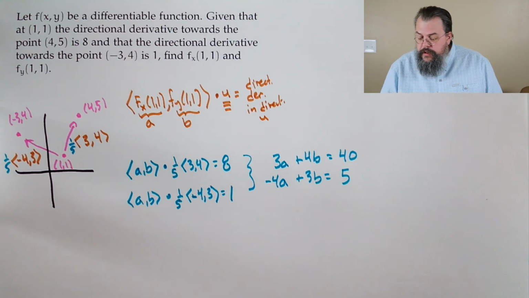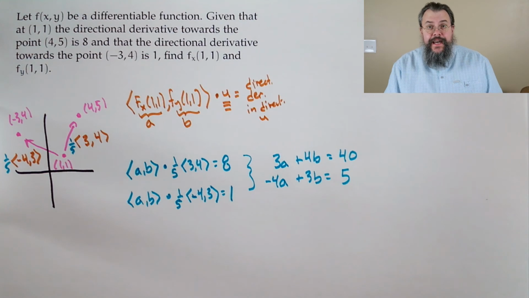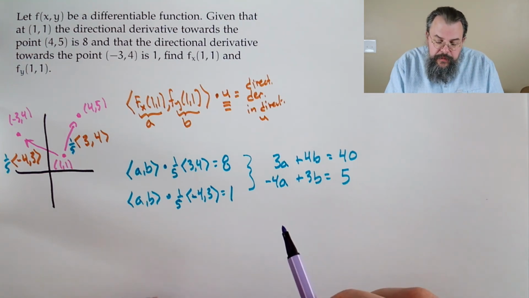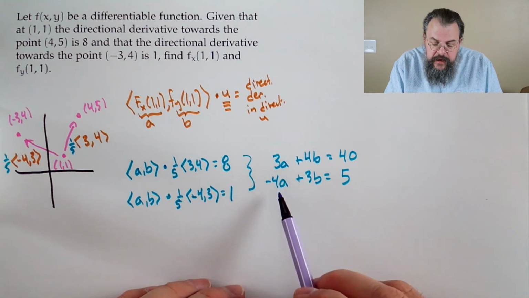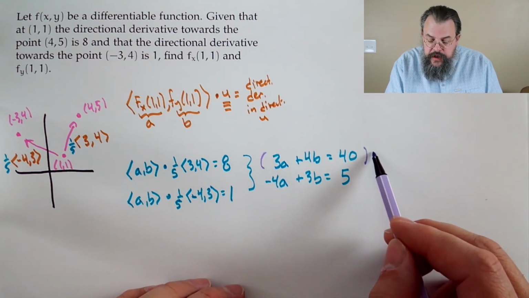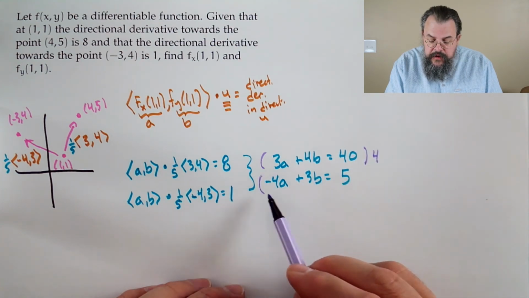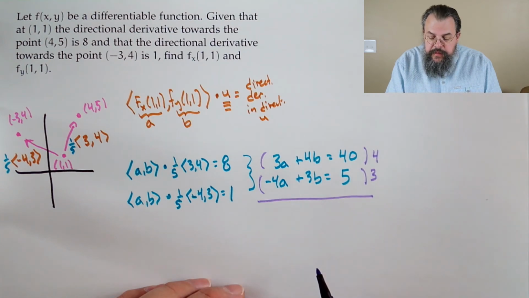So how do we go from here? Well, the way I like to do things is look for combinations that can get cancellations. So suppose we wanted to cancel off the A's. Well, I see a 3A and a minus 4A. So what I could do is multiply the first equation by 4, multiply the second equation by 3, and let's just see what happens.